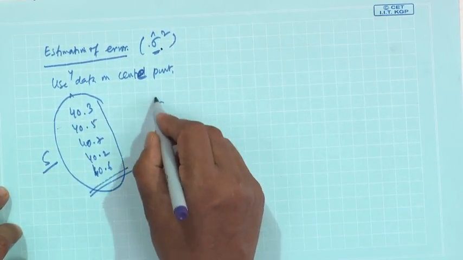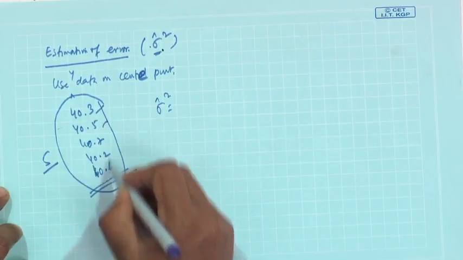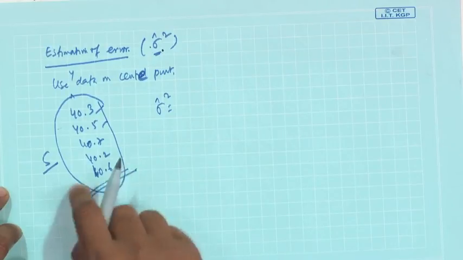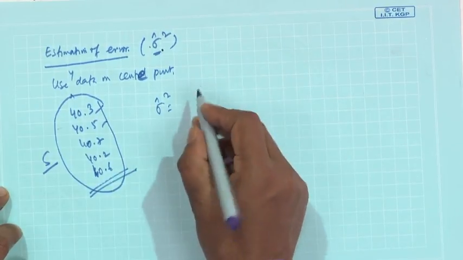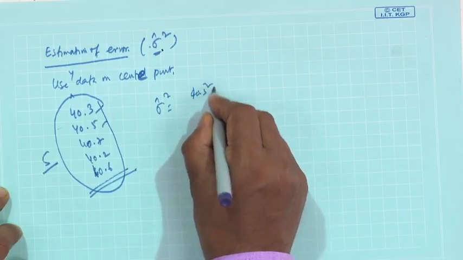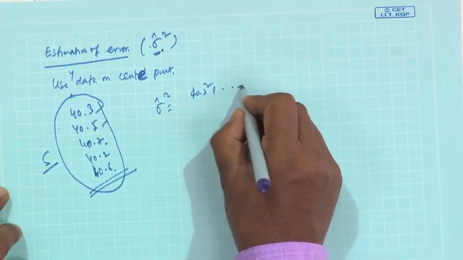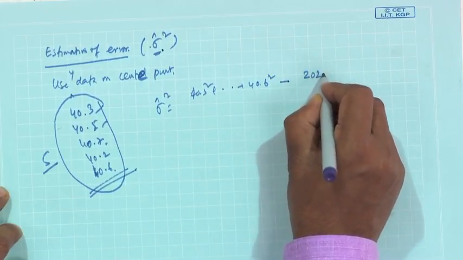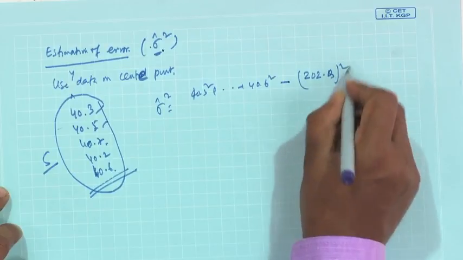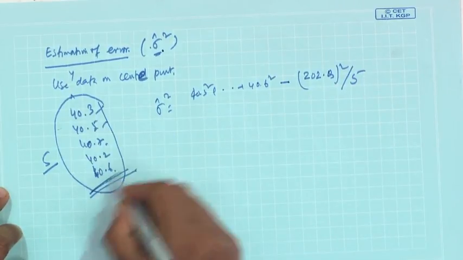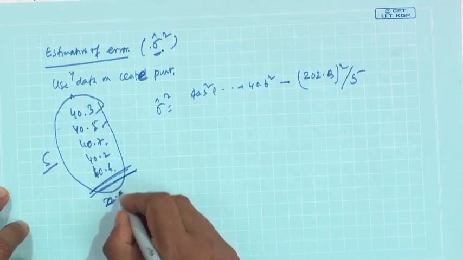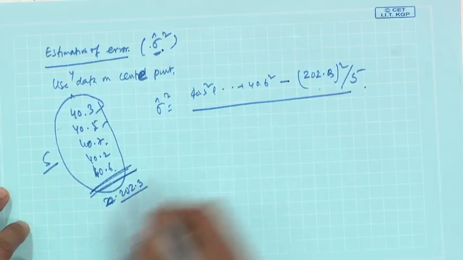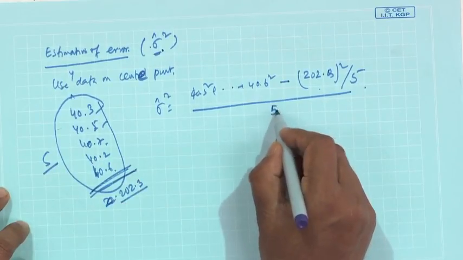The other way, sigma square in general will be the sum of squares of all the data points minus the average square by 5, divided by 4. Using this formula, that means 40.3 square plus this square plus like this plus 40.6 square minus 202.3 square by 5, divided by how many observations? 4, 5 minus 1, 4.